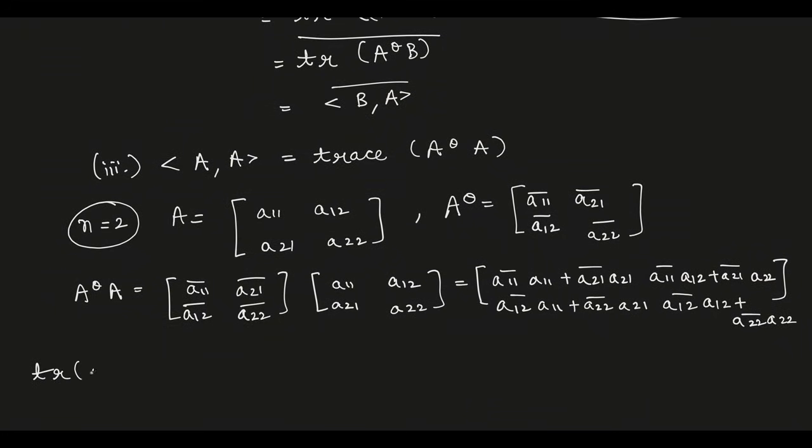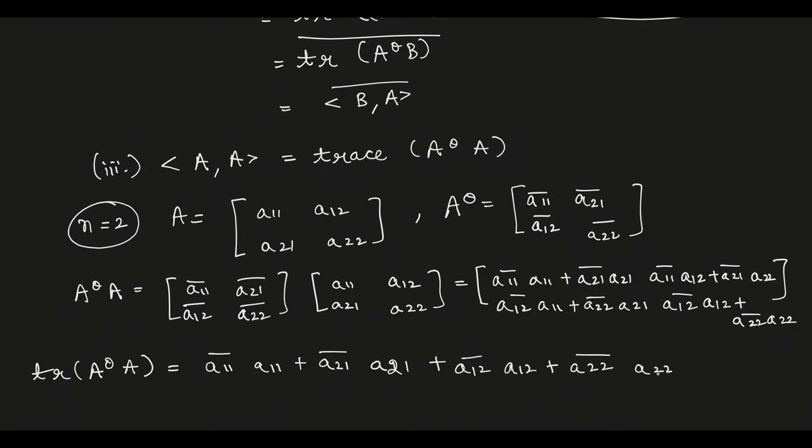Trace of a theta a will be a11 conjugate a11 plus a21 conjugate a21 plus a12 conjugate a12 plus a22 conjugate a22, and I can apply this: a11 conjugate into a11 is mod of a11 square.